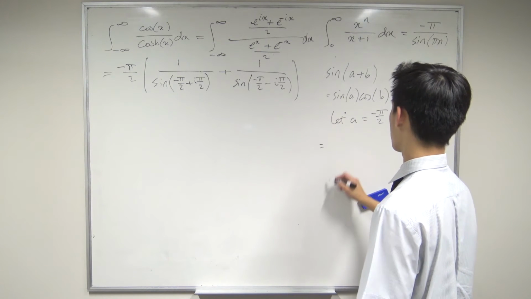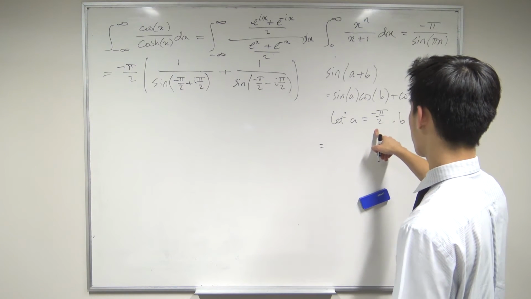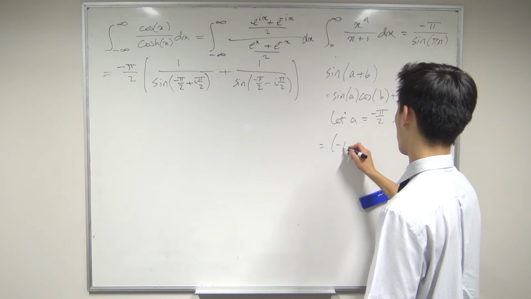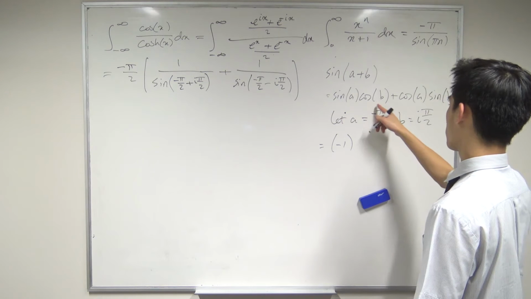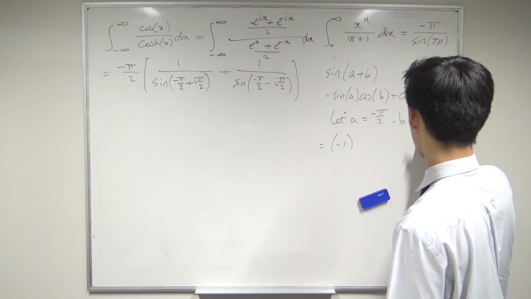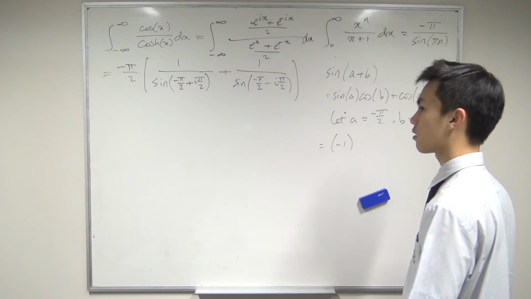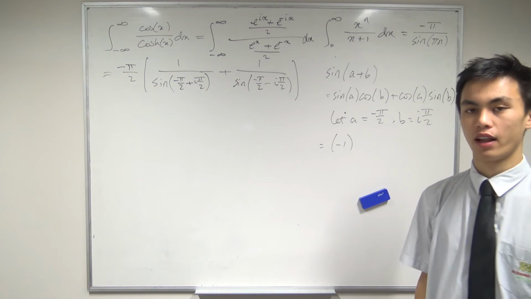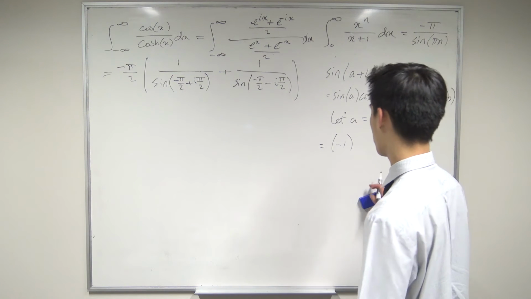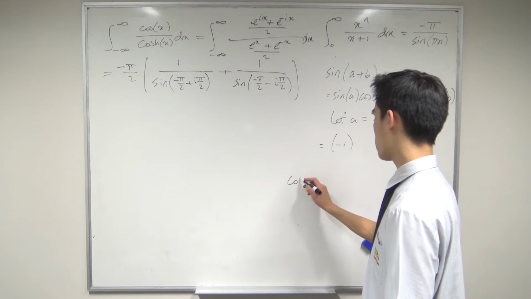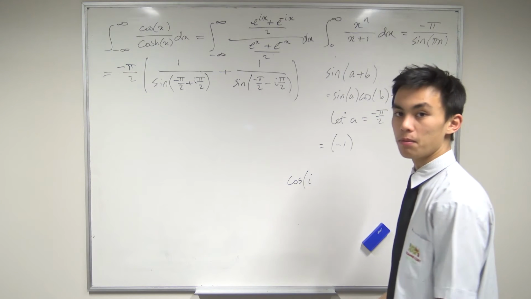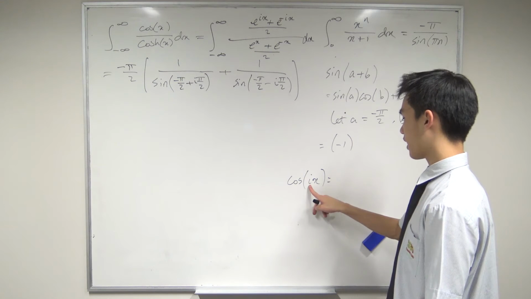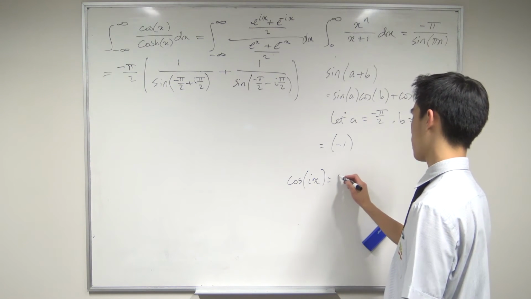Well, we're going to get sine of minus pi on 2, but sine of minus pi on 2, that's actually negative 1. So first of all, we have minus 1. Then cosine of b. Cosine of b, well, that's cosine of i times pi over 2. And there's actually this identity which relates the cosine and the hyperbolic cosine, namely that if you have the cosine of i times some real number x, you can actually get rid of this i, but you have to turn the cosine into a cosh.